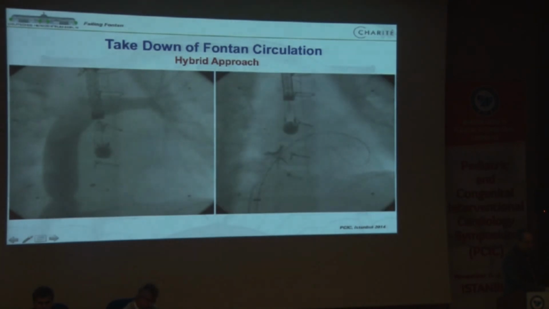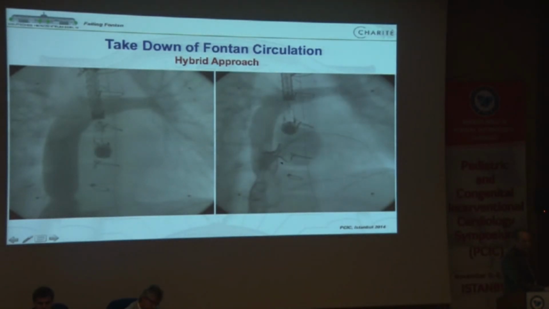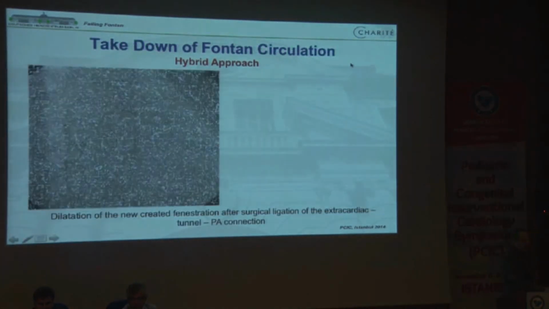What we first did, we established the fenestration to the atrial part, as I described, and afterwards we asked the surgeon, with a mini sternotomy, to ligate the upper part of this tunnel, which he already did.